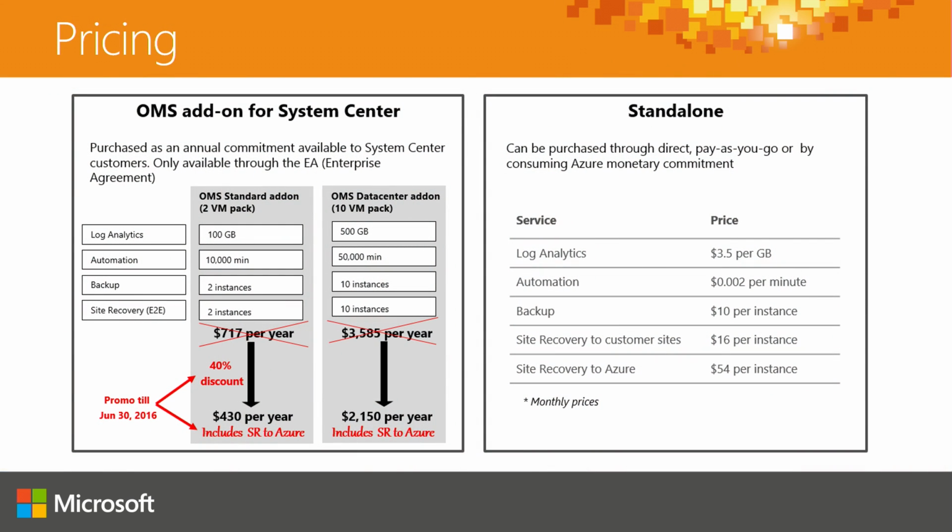So pricing: if you're a System Center customer, you can add on to System Center for $430 US a year for a 2-pack, and there's a 10-pack price as well. There's also standalone pricing for OMS. Pete, Australian dollars keep dropping, so what happens here? I spend a little less and I go shopping.